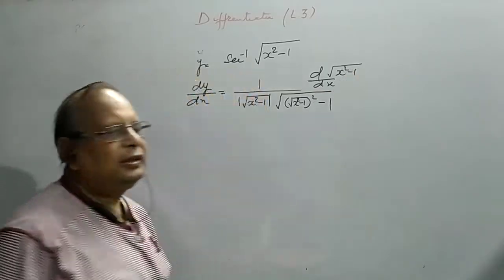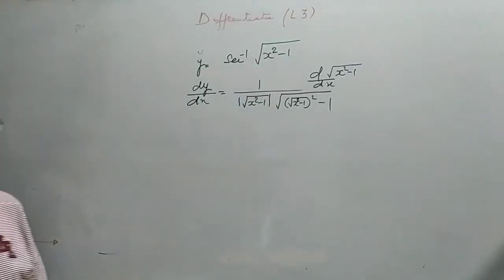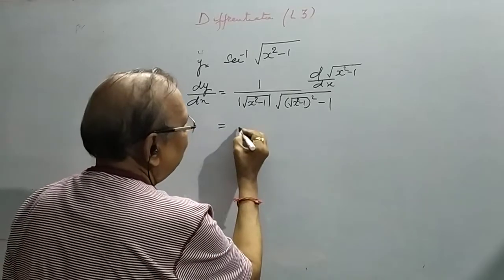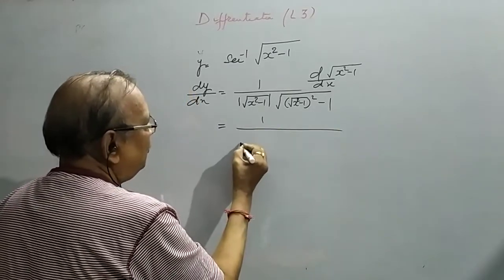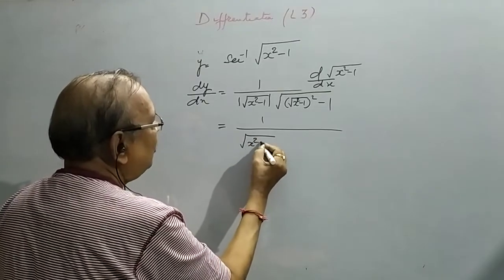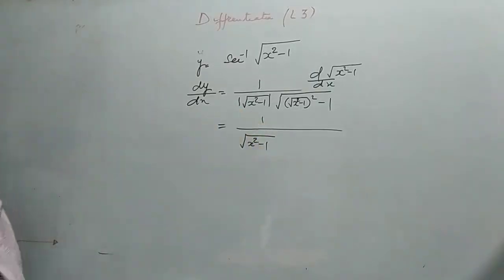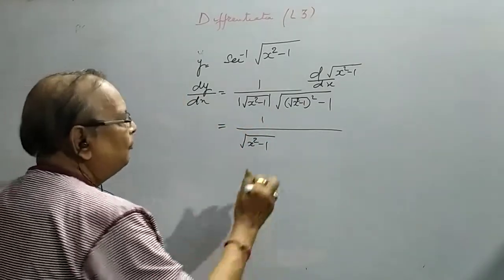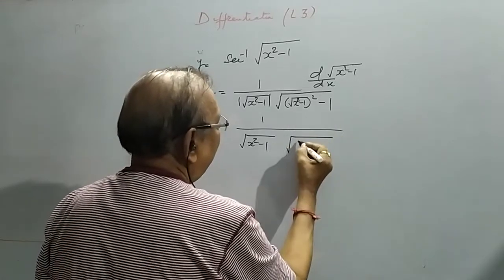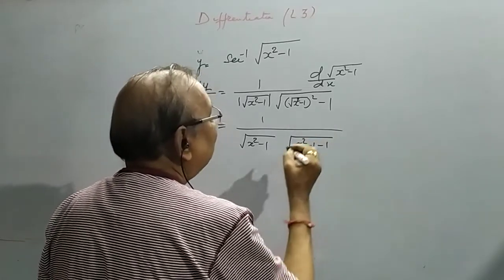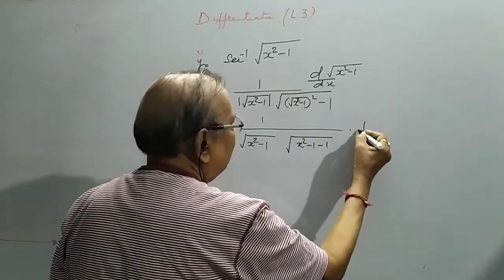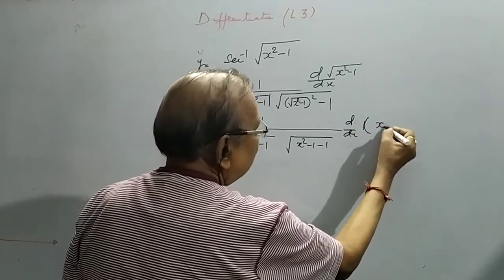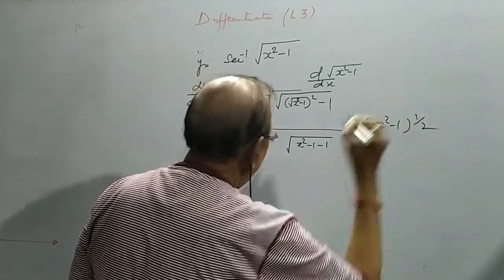Now I think you might already be familiar with this from the previous example. 1 upon under root x square minus 1, as under root x square minus 1 mod means that is the positive part. Here x square minus 1, and that is d by dx of x square minus 1 raised to the power half.